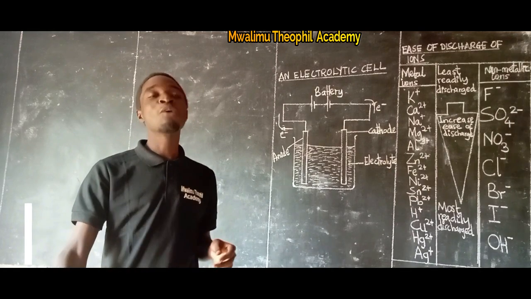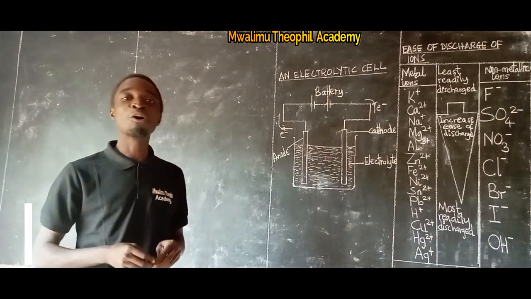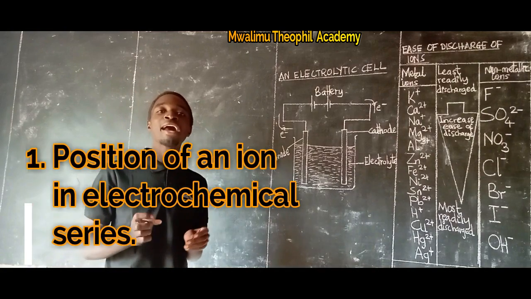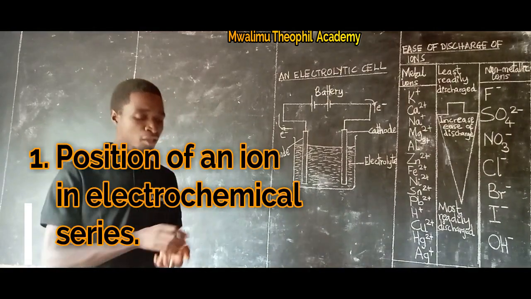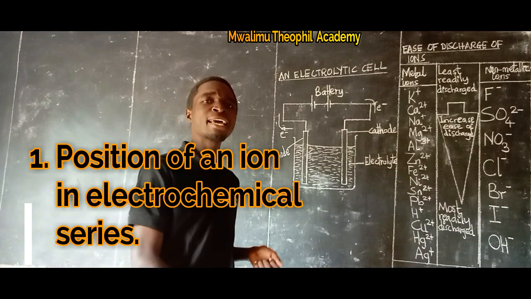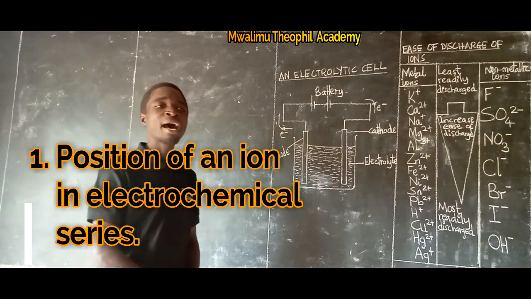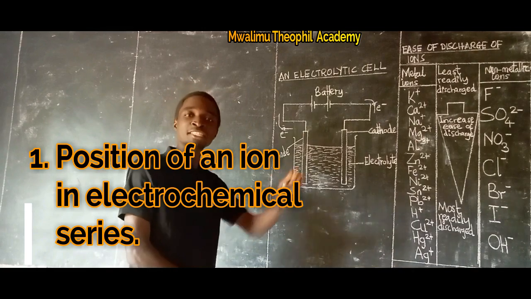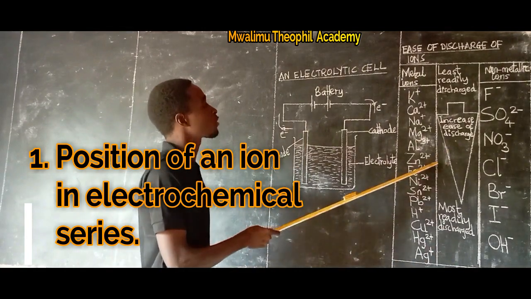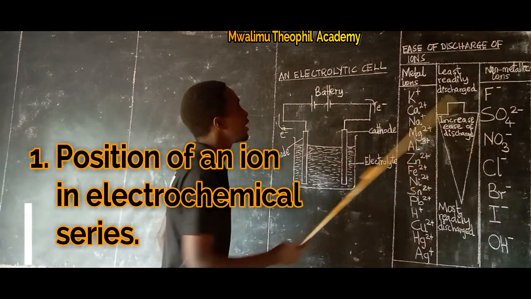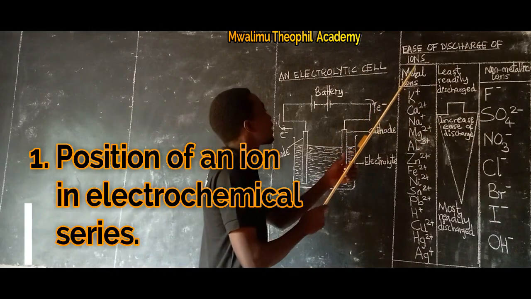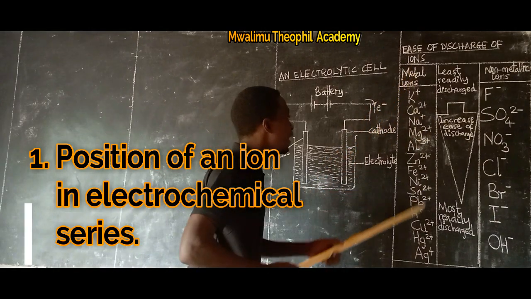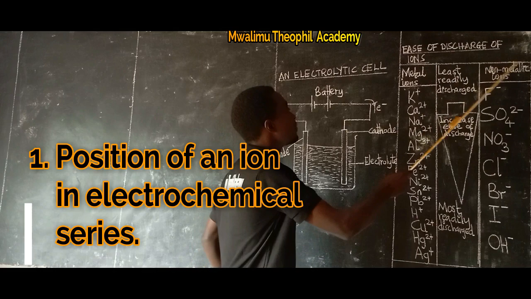Let us start with the position of an ion in an electrochemical series. First of all, when I say an electrochemical series, I mean the arrangement of ions depending on the ease of discharge. This is what we call an electrochemical series. As you see, it has the metal ions, and it also has non-metallic ions.